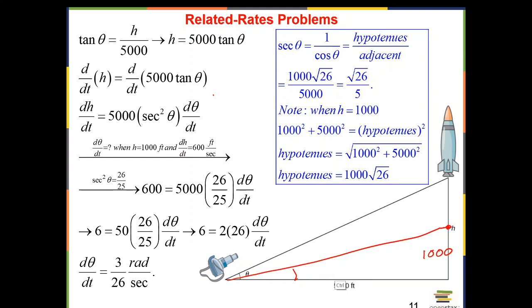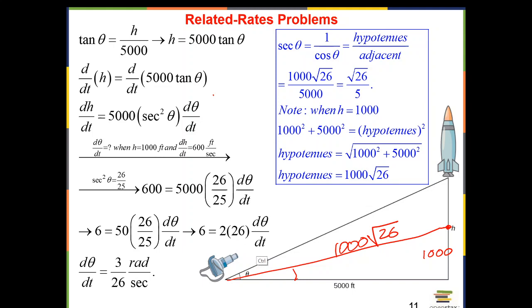Cosine would be this over the hypotenuse. Now, this is not a variable, it's a constant, it's a number. We can find it. If this is 1,000 and this is 5,000, we can find this number. In fact, I did it here. So this number is 1,000 square root of 26, by the Pythagorean property: this squared plus this squared equals that squared.